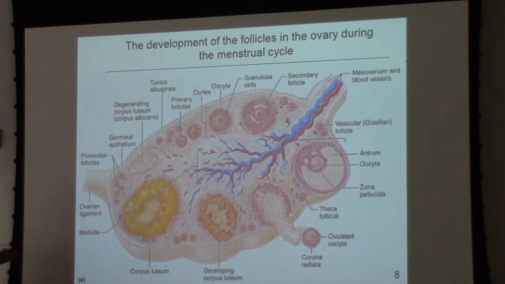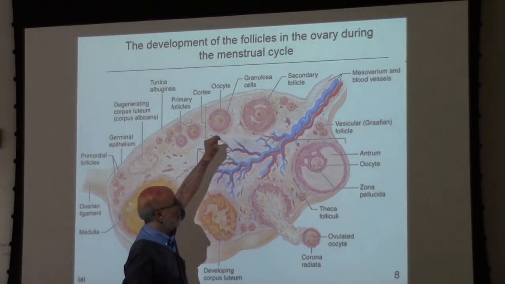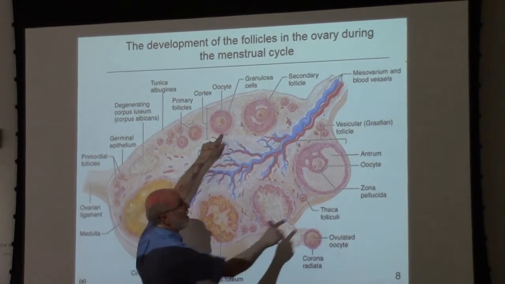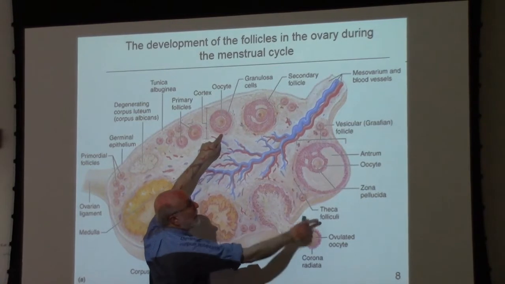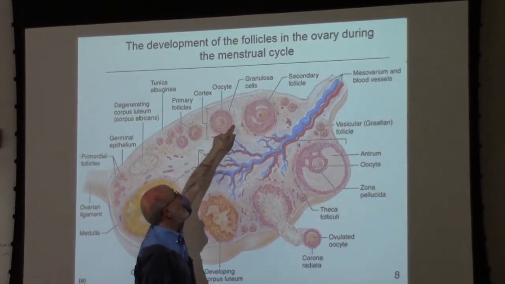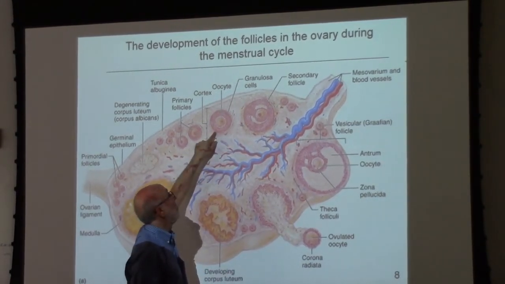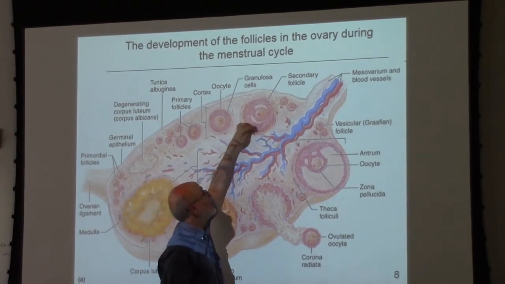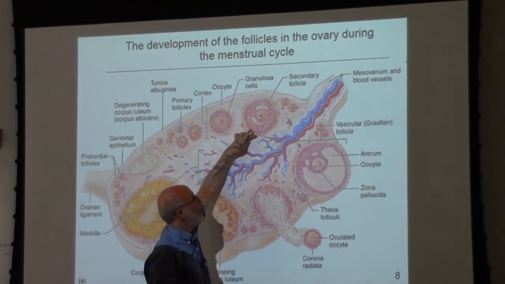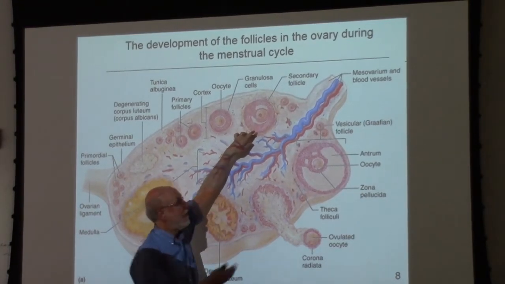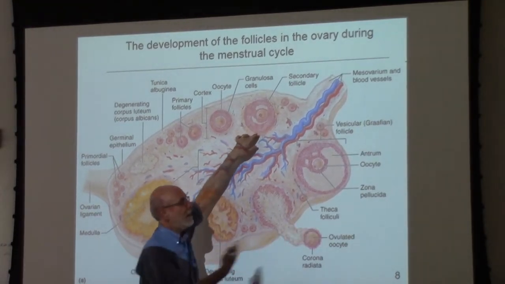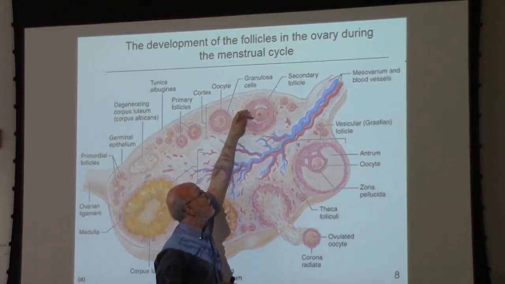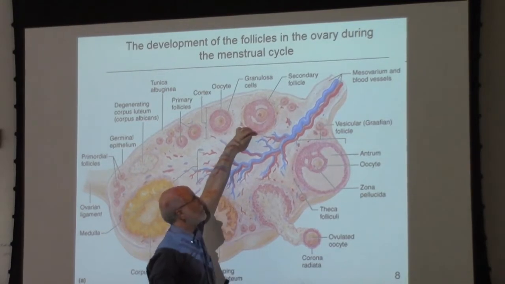And on the very outside, even though it's not labeled till down here, these cells on the outside of the follicle, outside the layer of granulosa, is the theca, or thecal cells. And on this slide, they're called theca follicula. So we have oocyte, granulosa, theca.